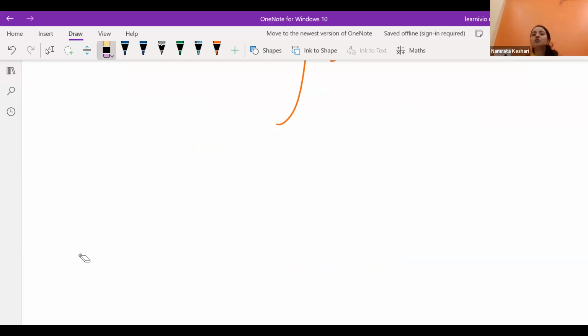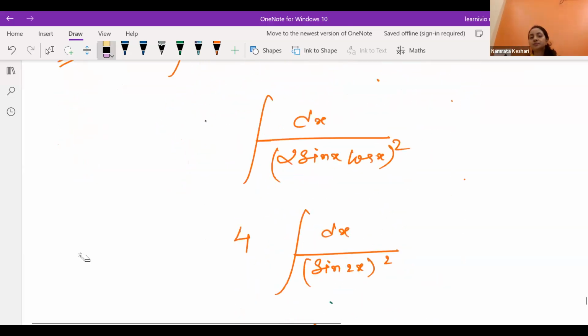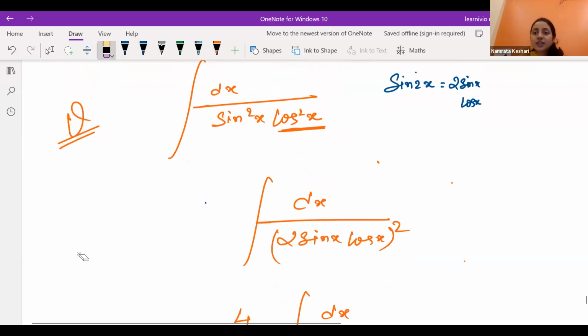Now the third type, which you have seen over here, again we are doing the integration, but here we are using the identity. And now you will be learning how to simplify so many integrations by using the identities.